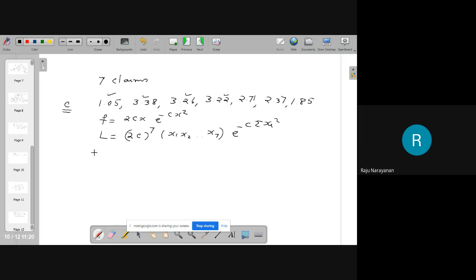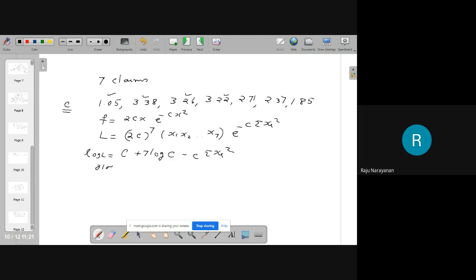Therefore it is better we work with log L. 2 raised to 7 is a constant. x1, x2, etc., x7 is also a constant. Therefore you can forget about all those things and put them as a constant, plus 7 log c minus c into sigma xi square.